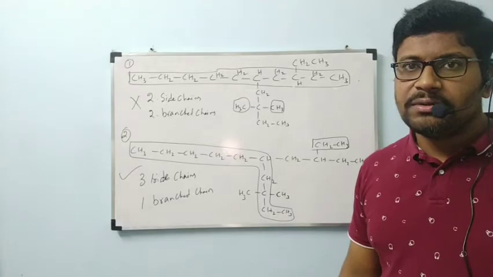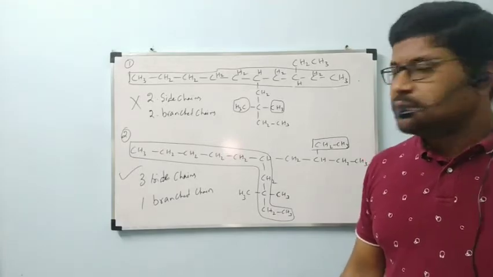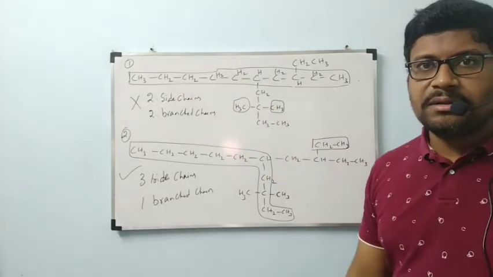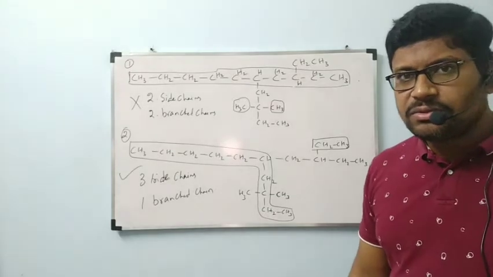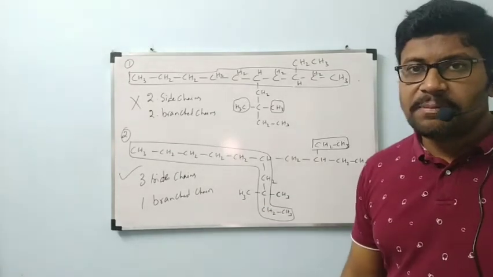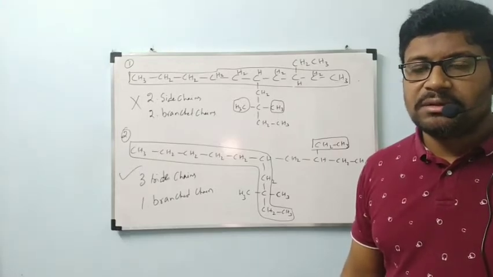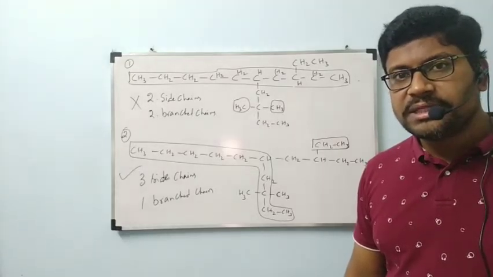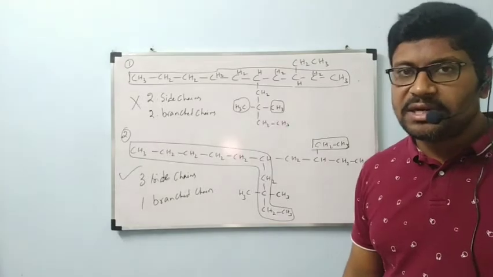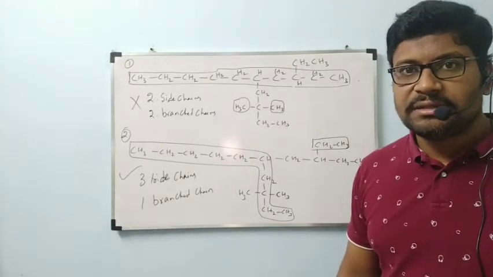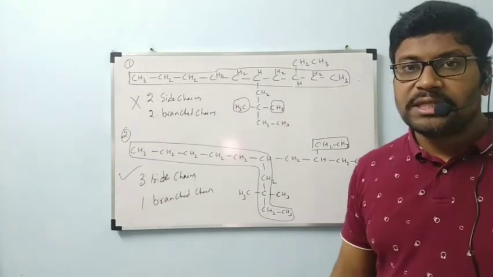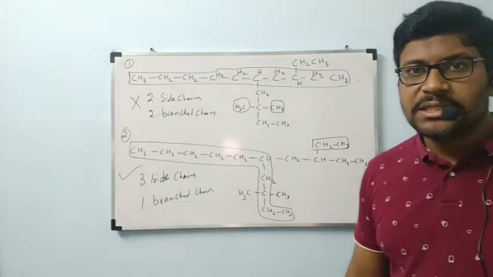Now, how are we going to give the name of this compound? I am going to rub this one out and give the name. I hope everyone understood how we have to select the parent chain. If you have the same number of carbons in the parent chain but we are getting different names, in any such condition, check the number of side chains and number of branched chains.